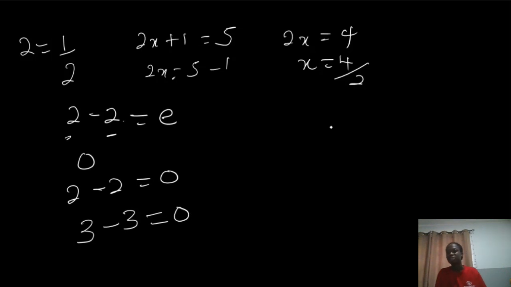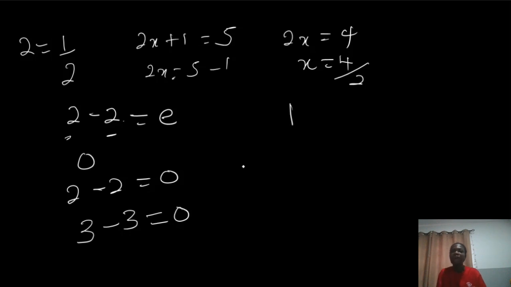Now let's come to the multiplication side. In a previous video, we learned that the identity element for multiplication is 1. So it means that if you perform an operation on an element and its multiplicative inverse, you have to get 1.